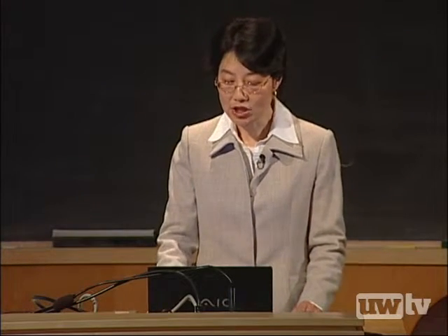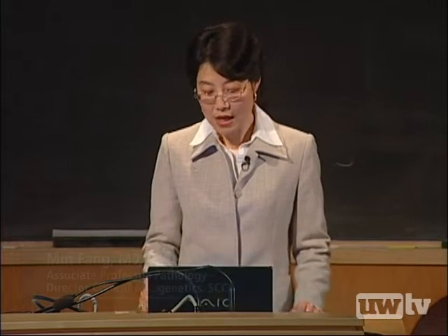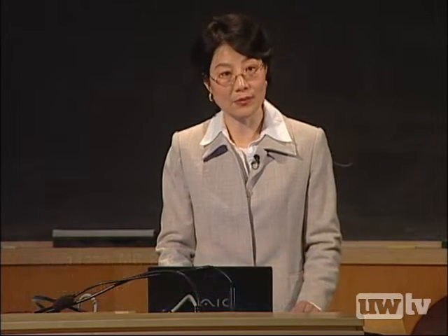Initially, this is what the chromosomes look like. At first glance, there are so many chromosomes, it's a hyperdiploid clone, and we know a hyperdiploid clone is associated with very good prognosis. However, when the COG has a central cytogenetics review, there are some very experienced cytogeneticists there, and they say, I don't think this is what it is.